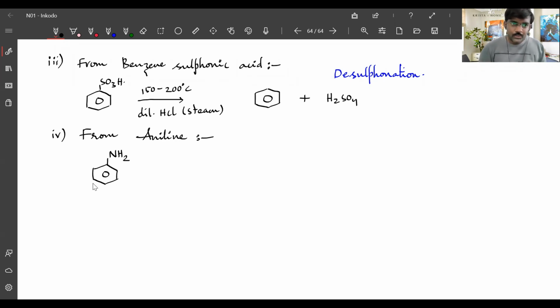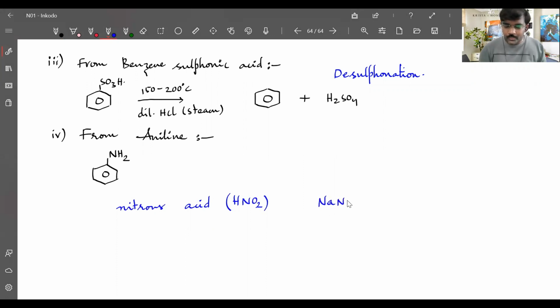So what is this nitrous acid? Nitrous acid means HNO2, but generally nitrous acid is not stable at room conditions. So how can we get it? Nitrous acid you can easily get by combining sodium nitrite plus HCl, and this must be kept at 0 to 10 degrees Celsius.